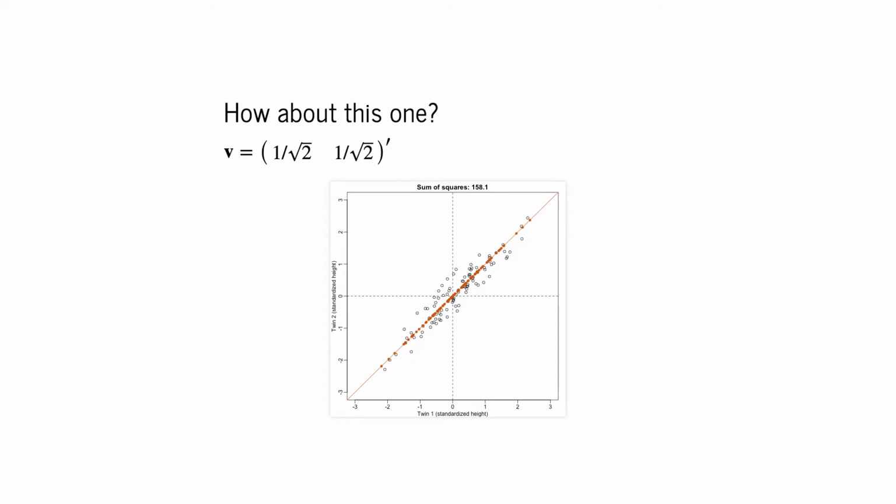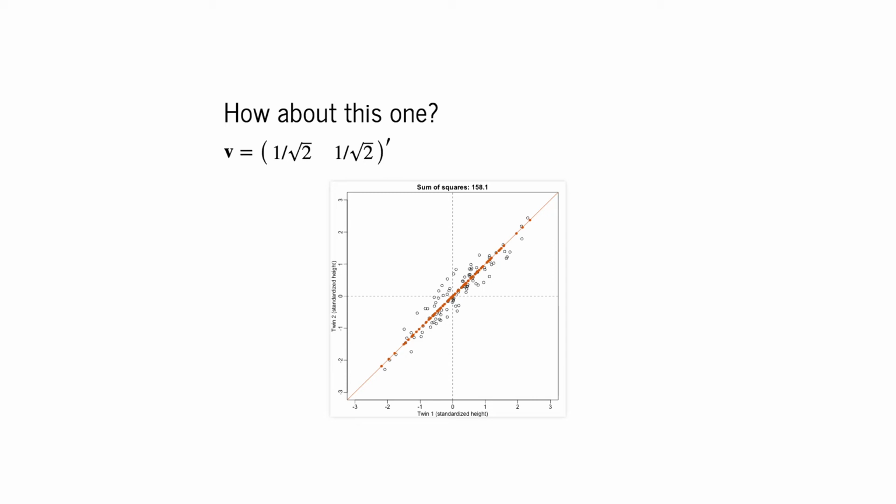So we can mathematically show that the solution to this problem, the v that maximizes this, is 1 divided by the square root of 2, 1 divided by the square root of 2, as shown here. We have seen this vector before in our videos on singular value decomposition. And this one has a very high cross product.